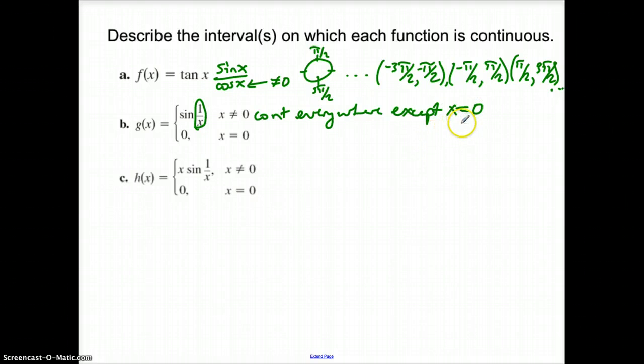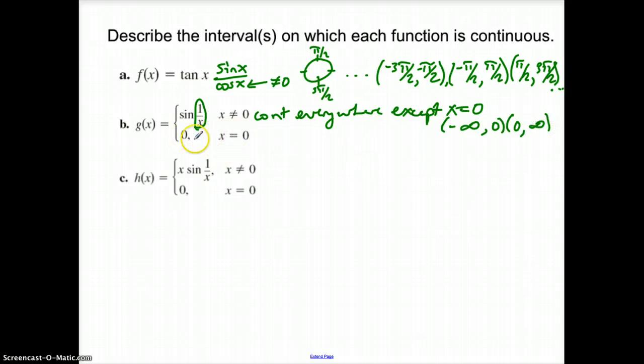So except at x equals 0, this function is continuous because 1 over x is the inside function, the g of x, and that only has a discontinuity at 0. And sine is continuous, so that's going to be continuous everywhere except at 0. So this one we could write like this: negative infinity to 0 and 0 to infinity.